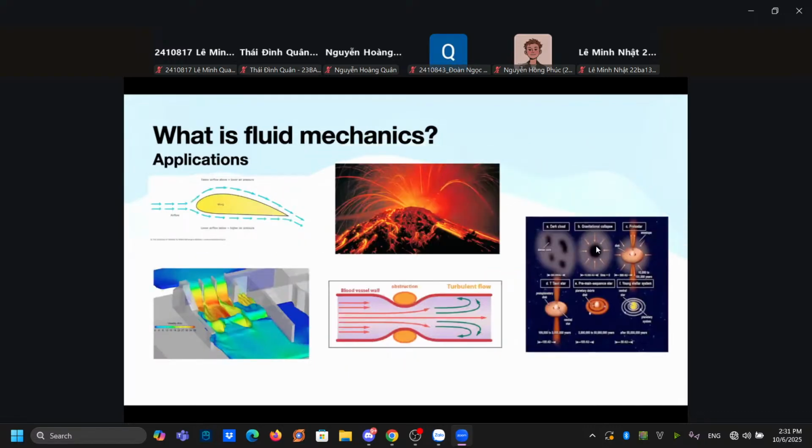Here, in the first photo, you can see the airfoil of the aircraft.